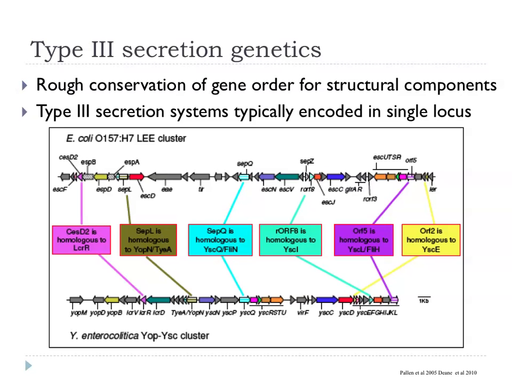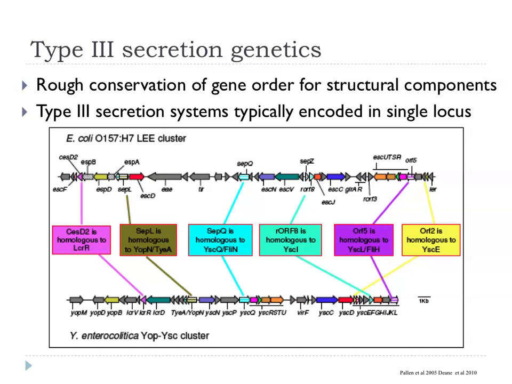And here it is compared with the one from Yersinia, the Yop-Tye cluster. And you can see that there are some runs of genes which are in common. Occasionally things get flipped round, operons move about, but there is some kind of method to the madness in terms of the way evolution has worked.